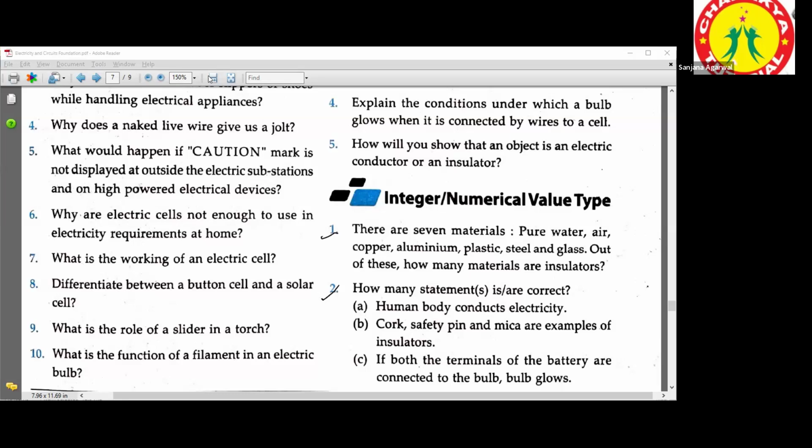We are waiting for the second also. Those who have not shared for the second, now please share for the second too. If both the terminals of a battery are connected, the bulb glows. Okay, fine, all correct.